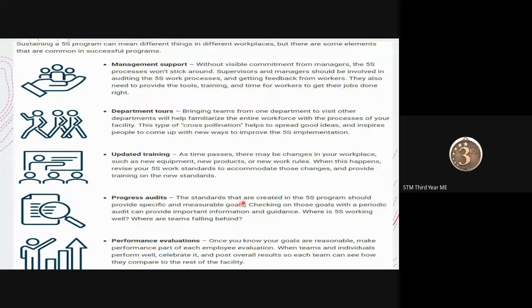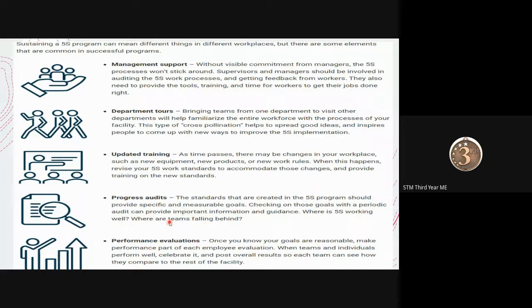After checking these goals, a periodic audit can provide important information and guidance. The questions here are: where is 5S working well? Where are teams falling behind? These are important questions, right? Is it working well, and where are the teams falling behind?